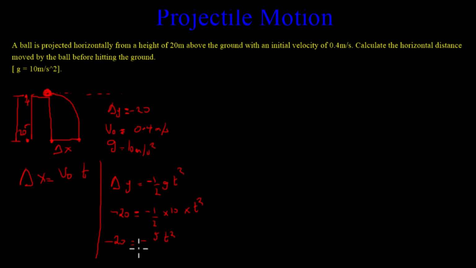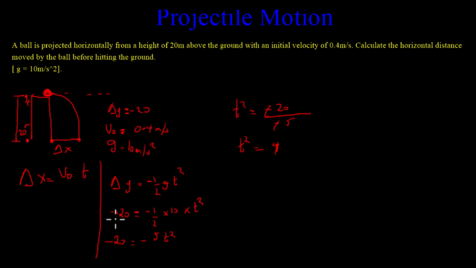Then we divide both sides by minus 5. t squared will simply be equal to minus 20 divided by minus 5, and t squared will be equal to 4. So the negatives cancel out, and then we have 4.